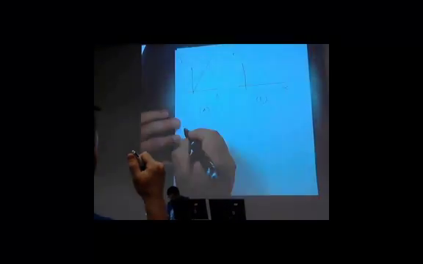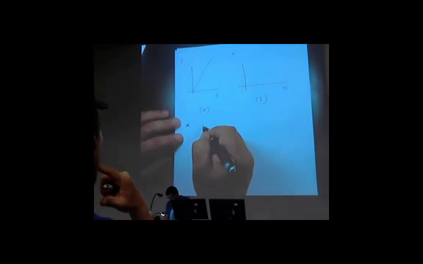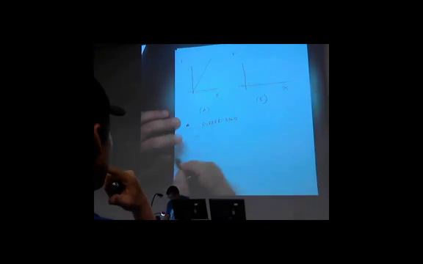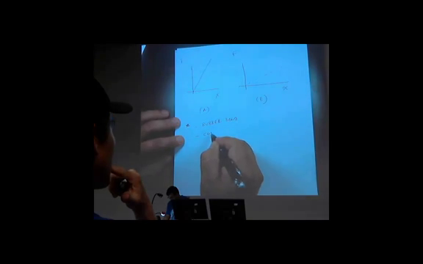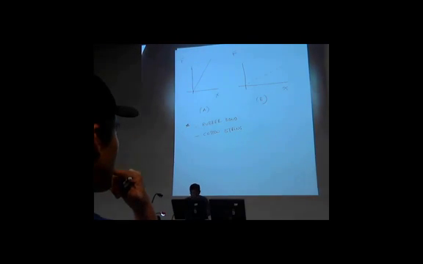Now I want you to tell me, one is a rubber band and the other one is a cotton string. Which one is which?